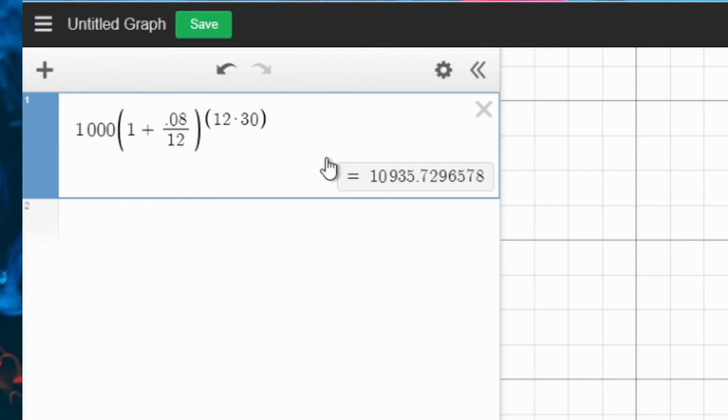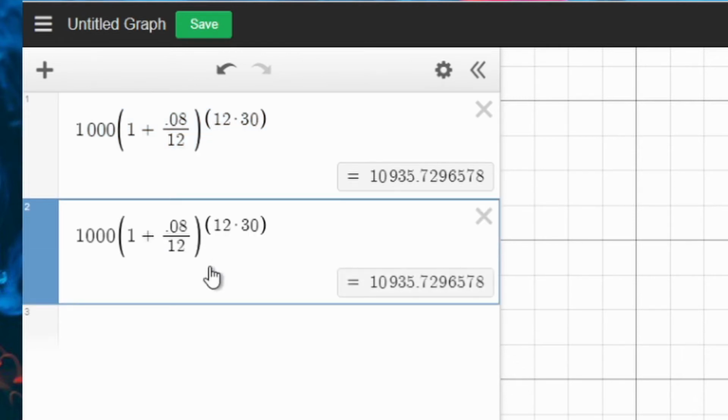That's the monthly rate. Now, what do I need to change on this? I copy and pasted to wind up getting the quarterly rate. Well, the only thing I really need to do is change this 12 to a 4. I'm going to change that to a 4. And then I evaluate it. So I want you to notice that my monthly compounding and my quarterly compounding, the numbers are different.